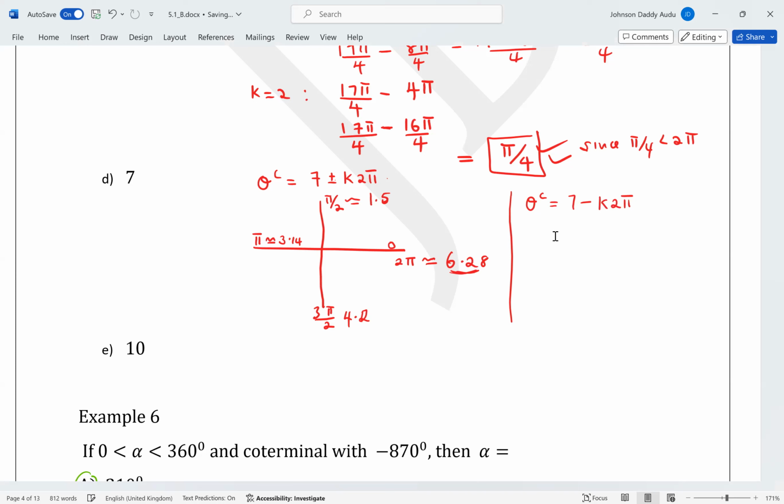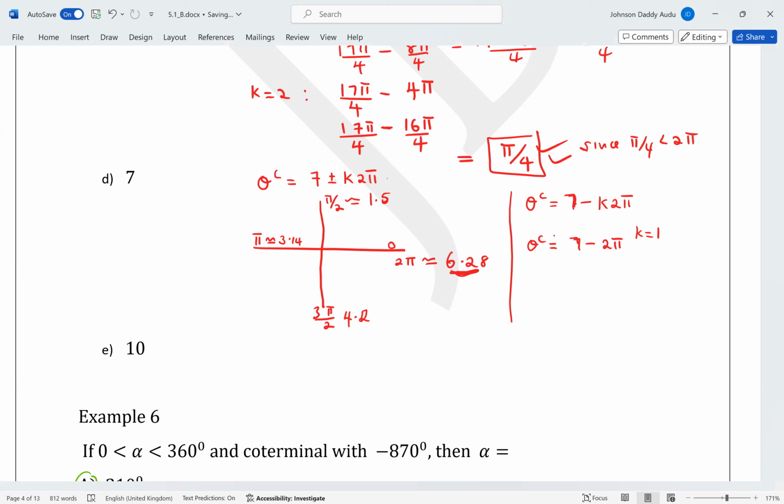Please watch. Why am I using minus? We're using minus because 7 on its own is bigger than what? 6.28, right? So now you ask yourself, how many rotations? What should be k? So we start with k equals 1. If you take k equals 1, our coterminal will be 7 minus 2 pi, right?